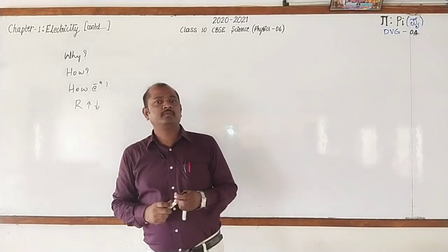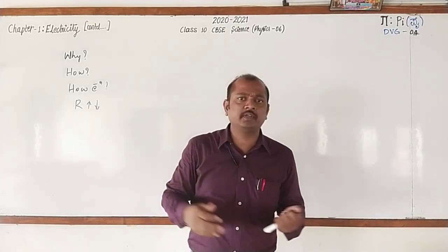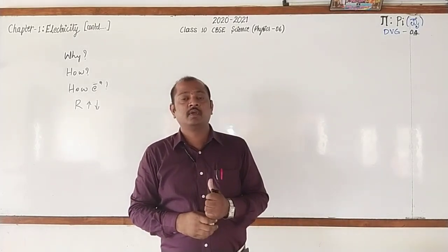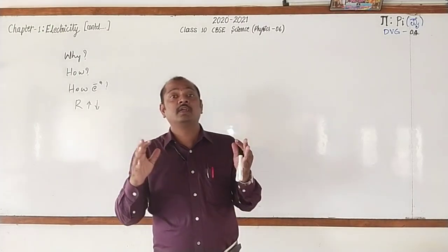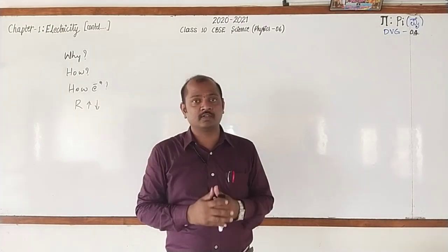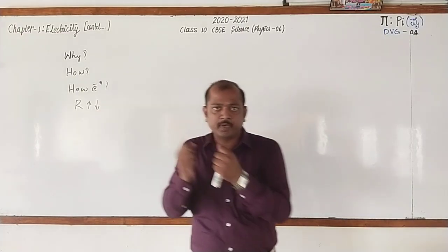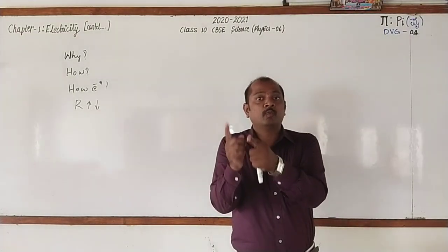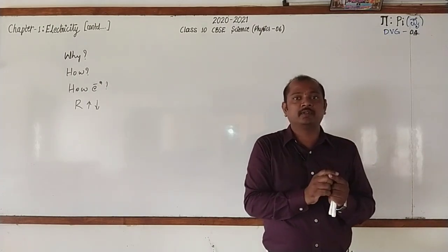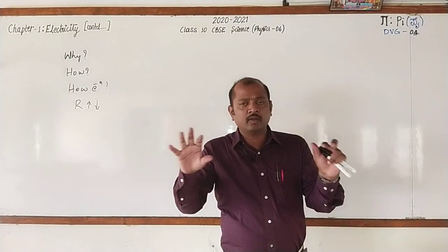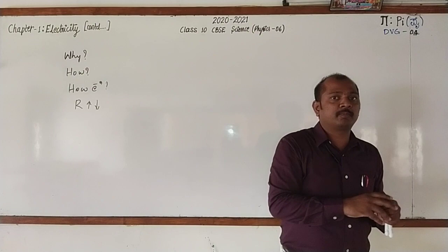Dear students, we know that every day we come across different electrical components, and these have different electrical resistances also, and the amount of current drawn by them will differ from one component to another. So they cannot be connected in one particular path.